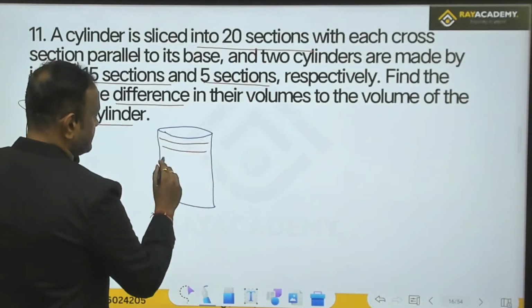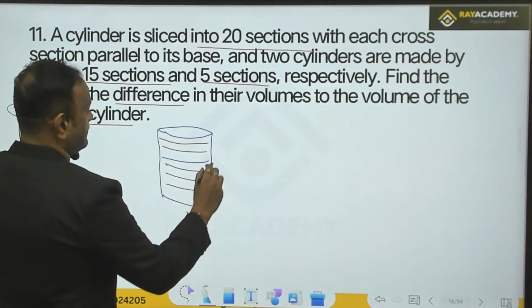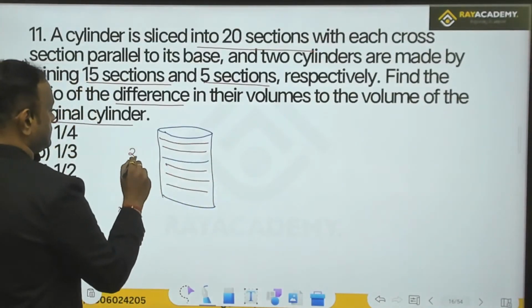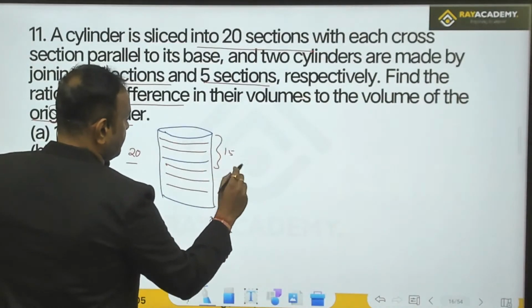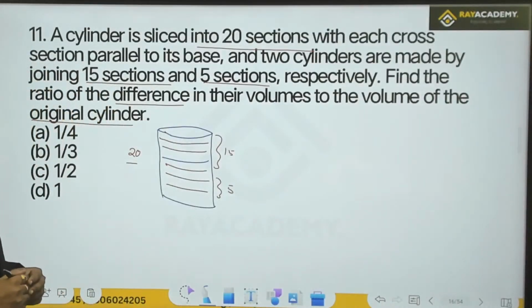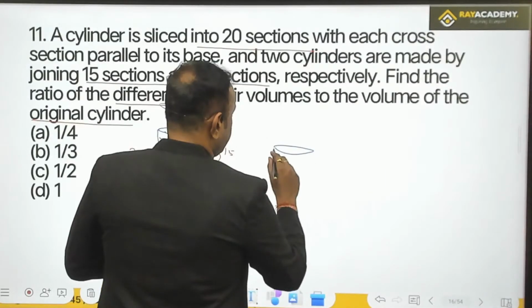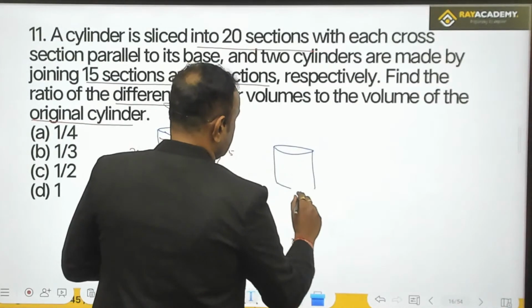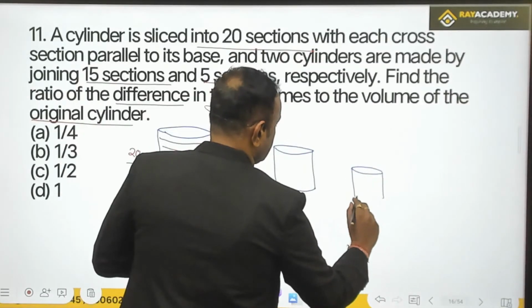Like this, 20 parts they have divided. Then out of this, 15 parts we have taken and 5 parts we have taken, and we have made separate cylinders. So this 15 part, if you take, will become another cylinder, and this will become a smaller cylinder with 5 parts.